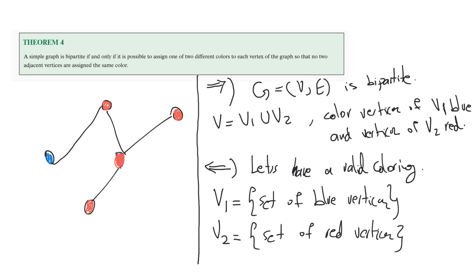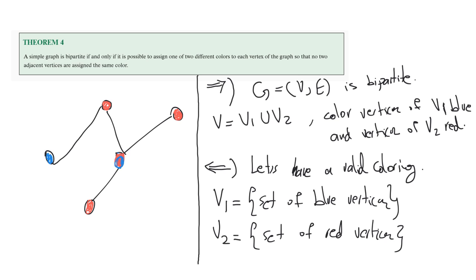Then again, it is the definition of valid coloring that no edge connects a blue vertex to a blue vertex or a red vertex to a red vertex, and therefore every edge has to go from V1 to V2. And therefore the union of these two is the whole set of vertices, and therefore we have correctly partitioned our graph into two pieces.